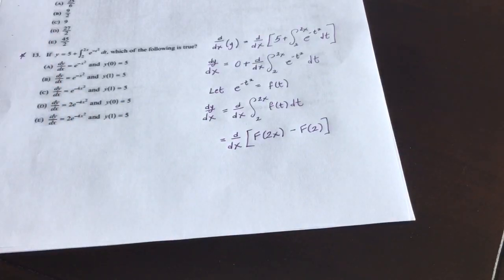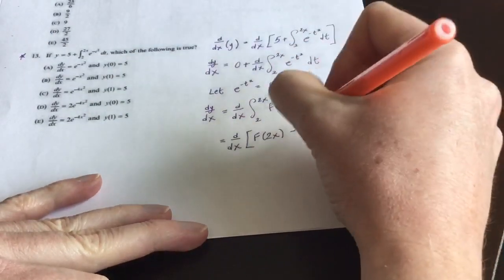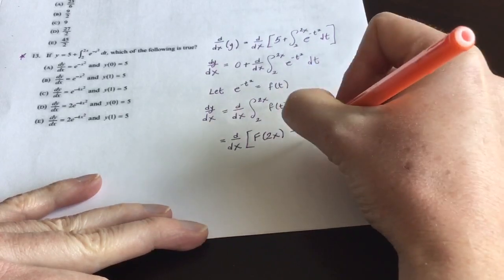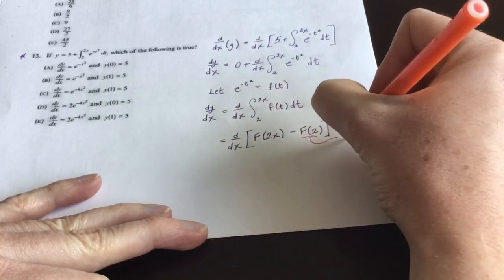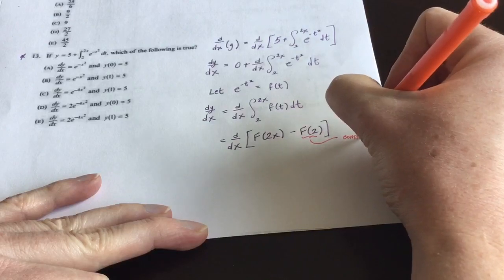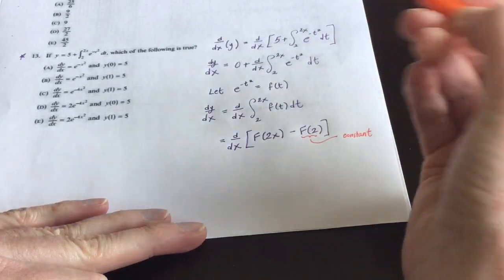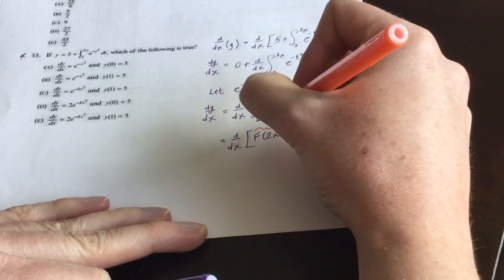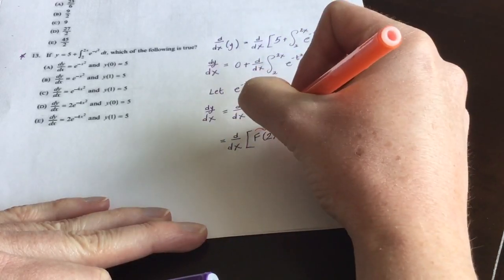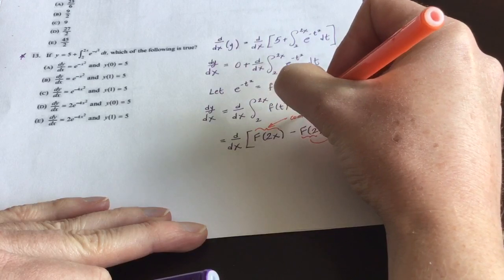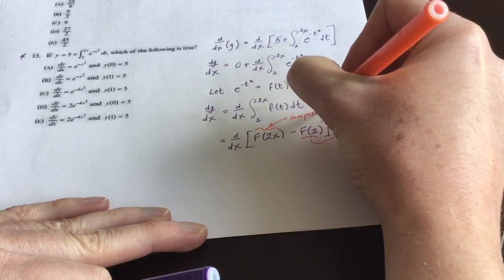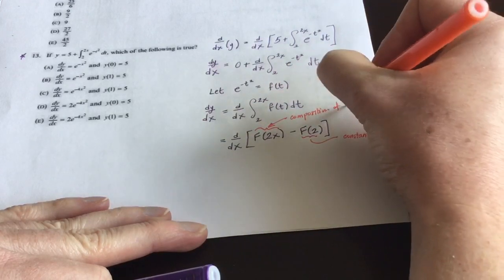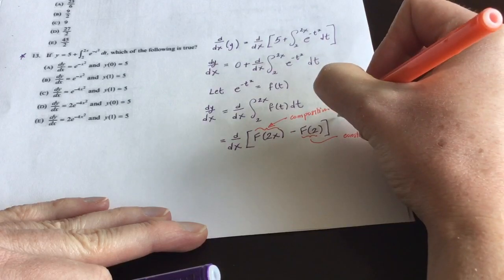Just a note: if these statements could talk to you, big F of 2 would say, hi, I'm a constant. Think about what that means for its derivative. And big F of 2x would say, I'm not a constant, but I am a composition of two functions. Think about what that means for its derivative.